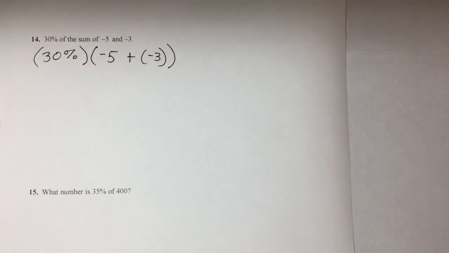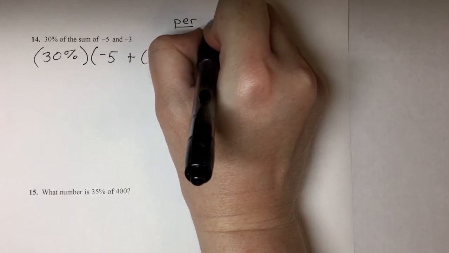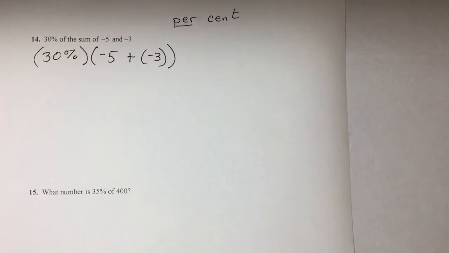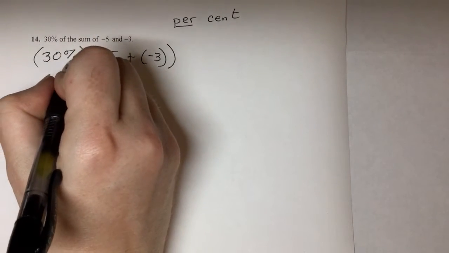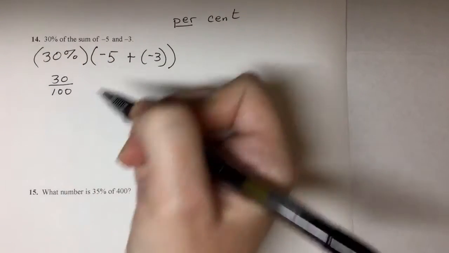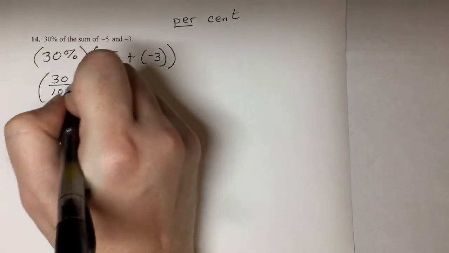Now, 30% though, we don't want to leave that percent sign in there. When we have percent, we have per cent, a cent representing 100th. So 30% I can write as 30 out of 100, or 0.3 if I prefer the decimal.